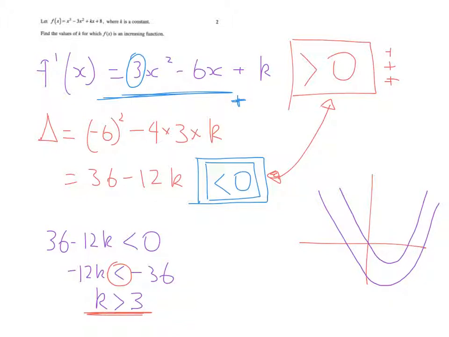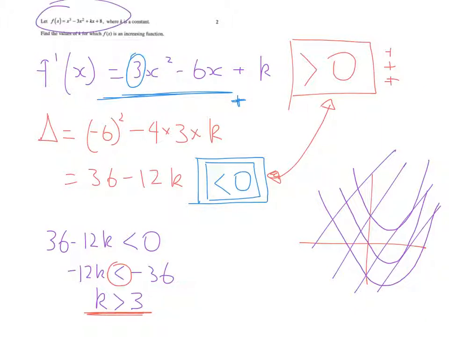If k, however, is bigger than 3, it means that curve's getting shifted up by more units. As I said, these in no way represent what the first derivative function actually looks like. But what it will tell us is that if k is bigger than 3, it means we're going to have that function up here always increasing.